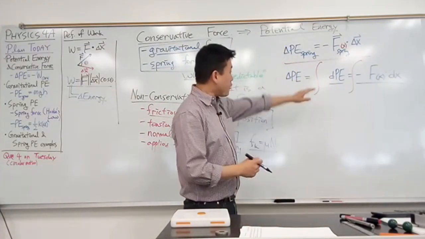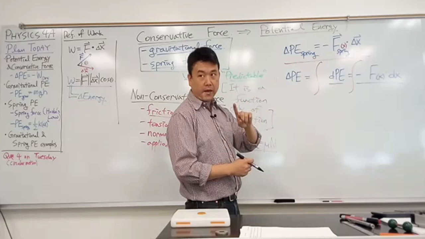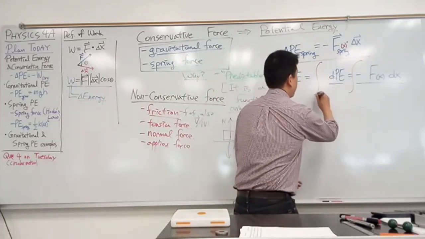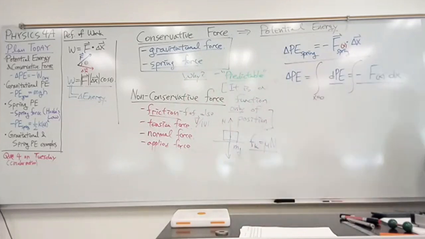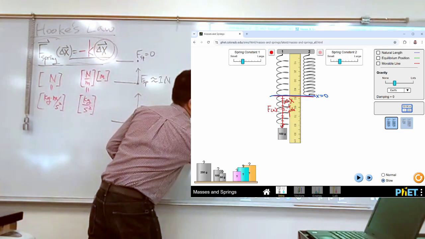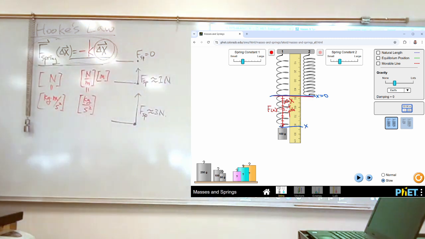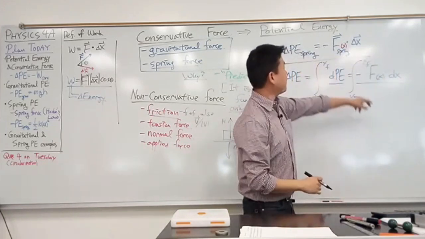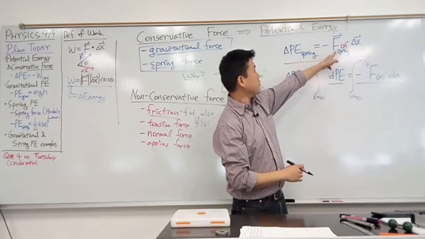So here, what we are going to do is an integral. I see that I have only 1 minute or so, so let me wrap up here. I like to do all my integrals as a definite integral in a physics class. So it's going to go from x equals 0, that's what I'm calling x here, to some final value, x final. Let me plug in the expression for force.